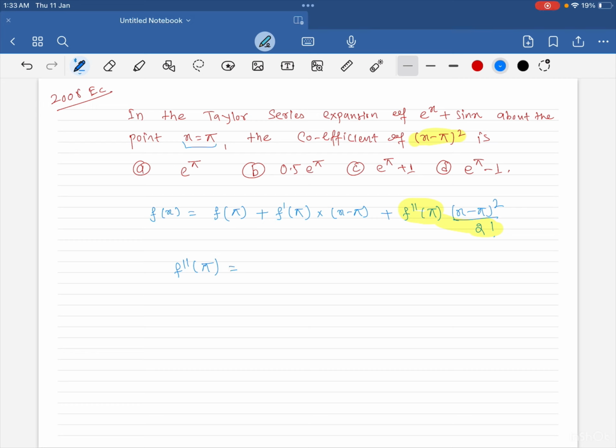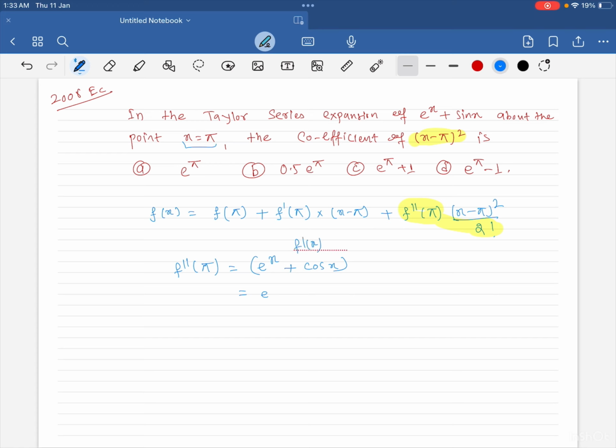So the double derivative would be e to the power x. So I am calculating the first derivative, then after that I will calculate the second derivative: e to the power x plus cos x. So this one is the first derivative, that is f dash x.